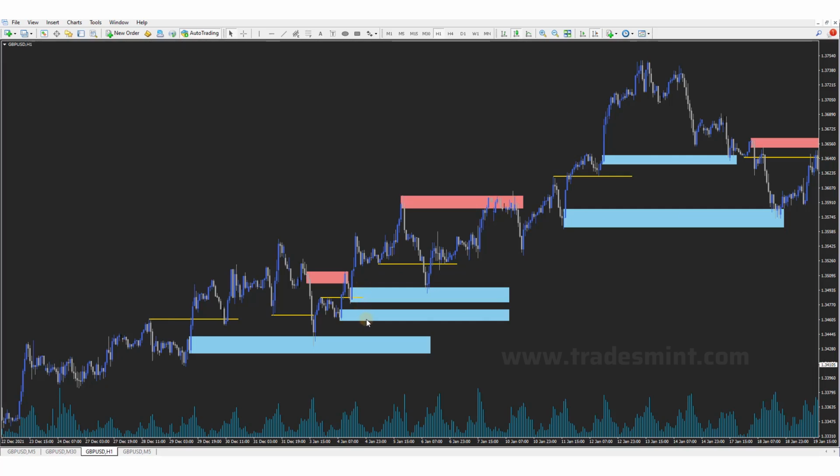To make less mess on the chart, please always delete the broken or invalid zones.